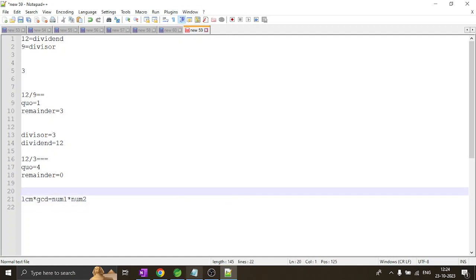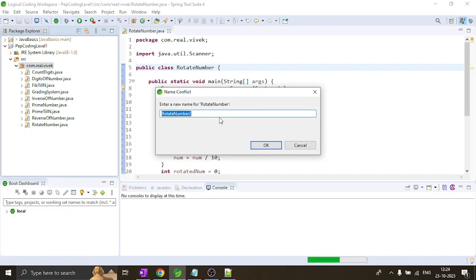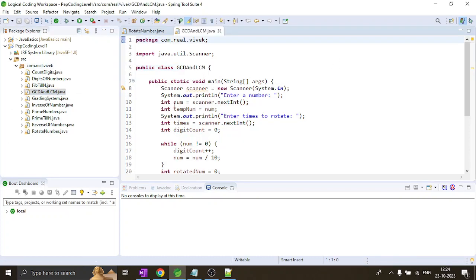So let's try to code this. GCD and LCM. I've created a class and let me take two inputs here.